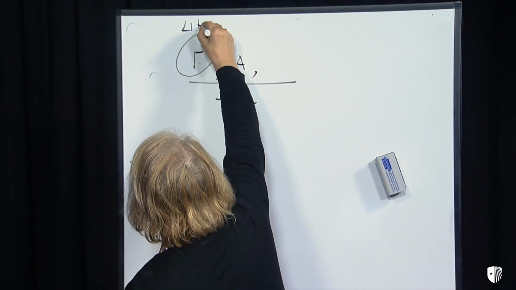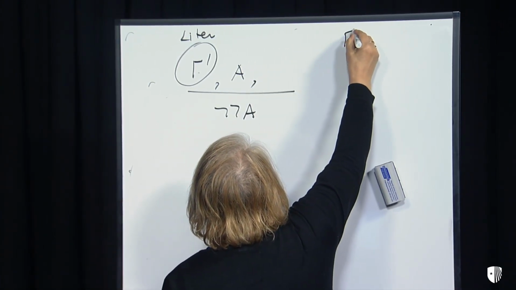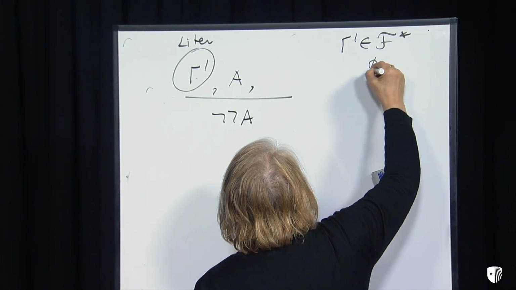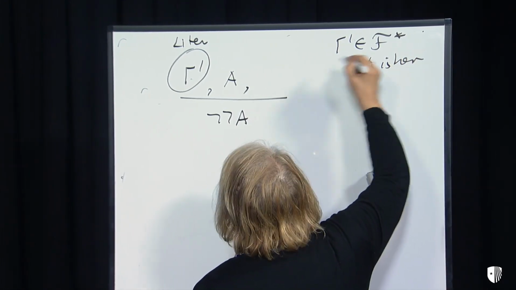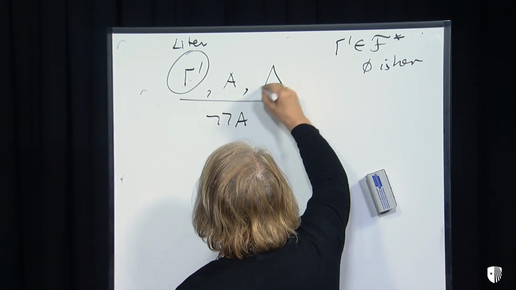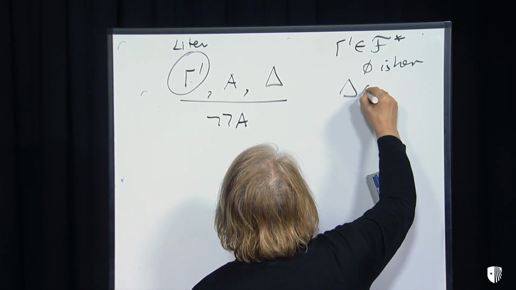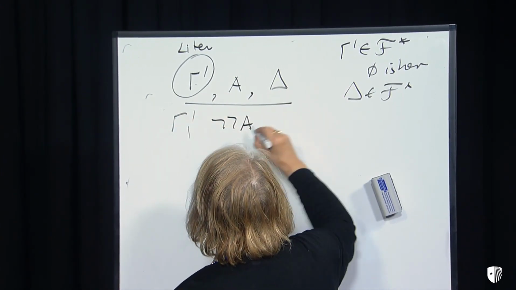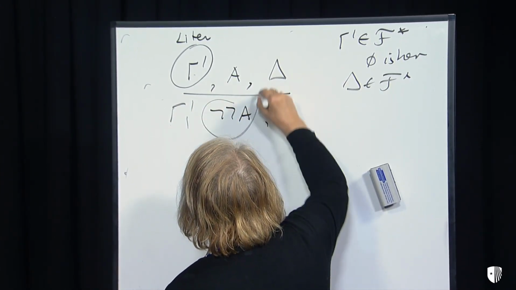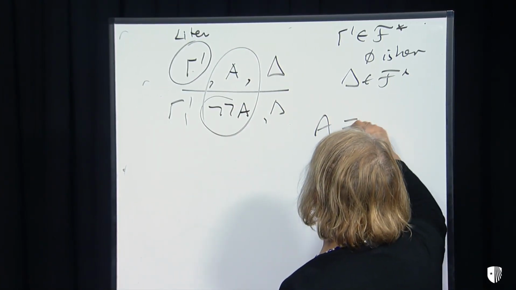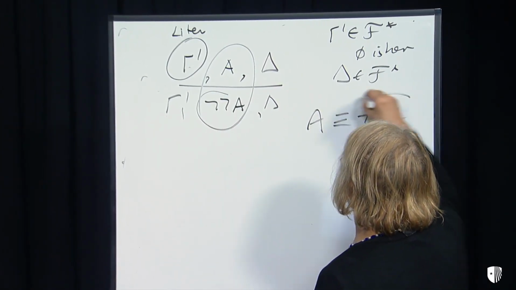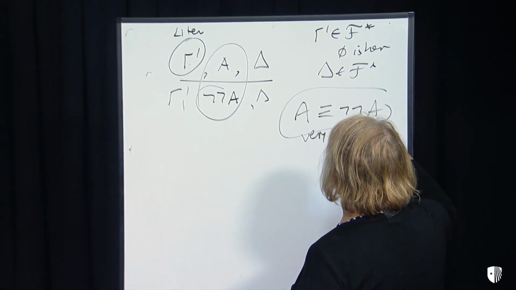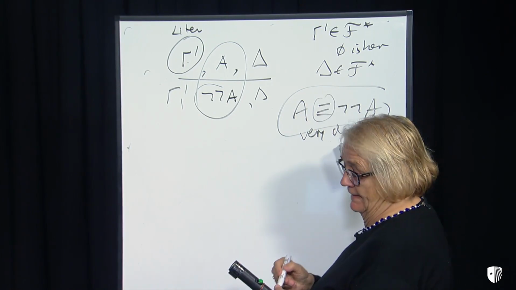Here you have your literals, which can be empty. Gamma prime is in F star, so empty is included, so it can be empty. And delta is the same, in F star, also can be empty, and you carry your information. And you see that A is logically equivalent to not not A. Very classical equivalence.